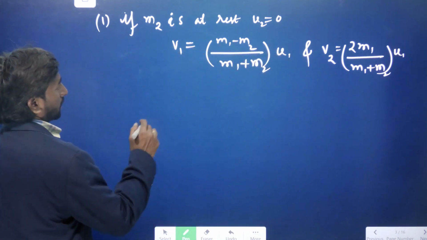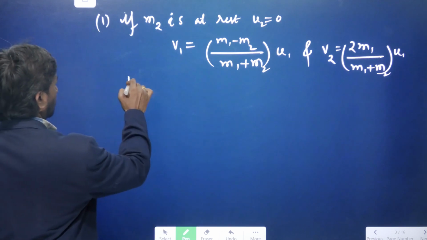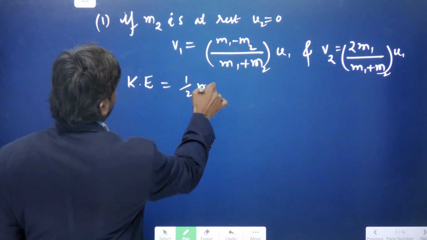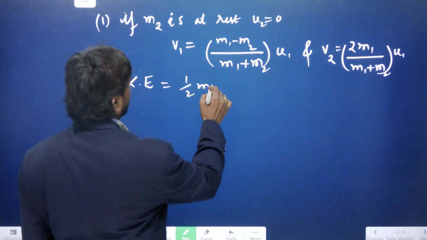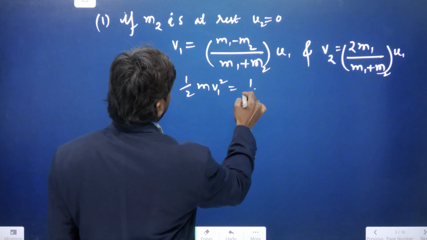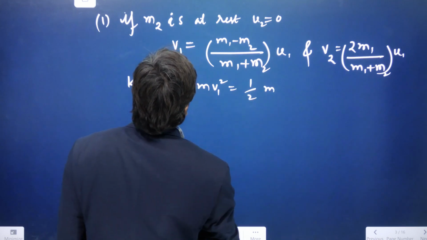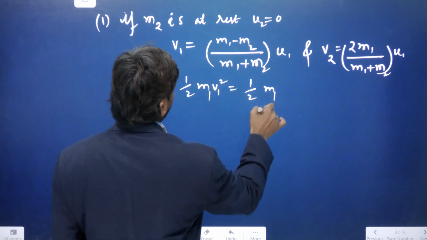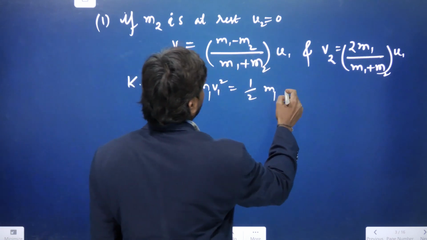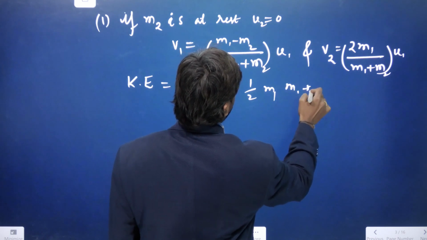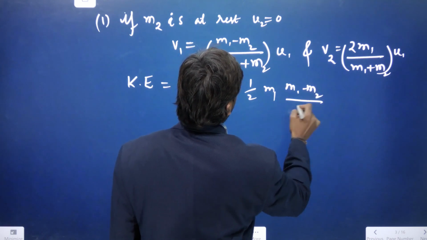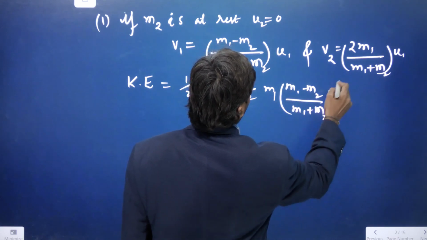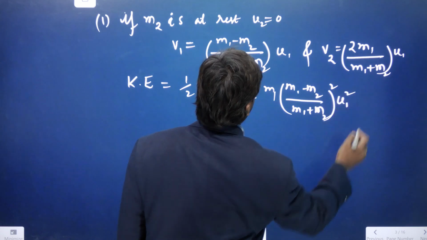Now the kinetic energy of the first body is half into m into v1 square, so half into m1 into m1 minus m2 divided by m1 plus m2, whole square, into u1 square.